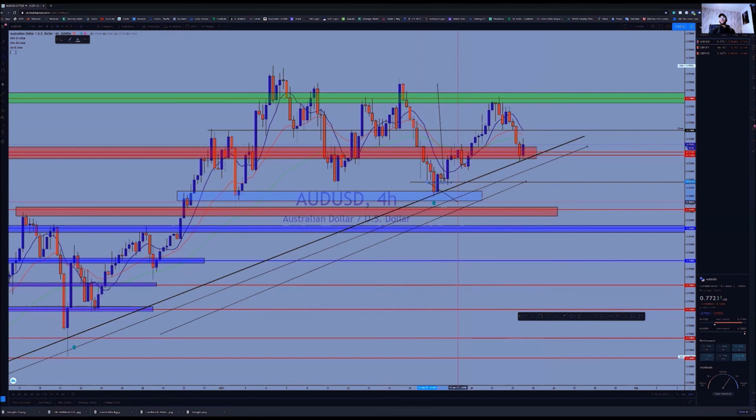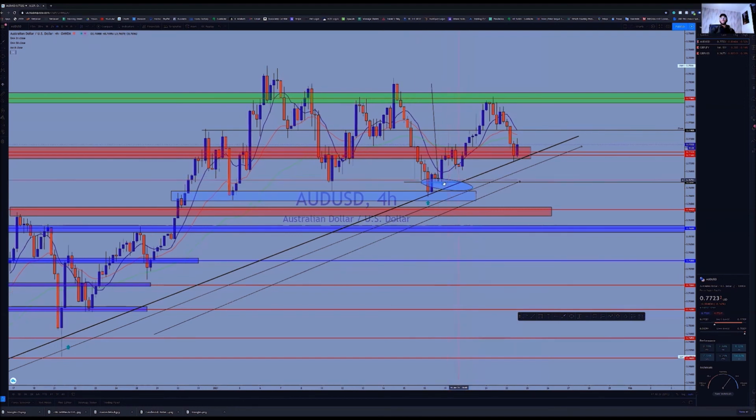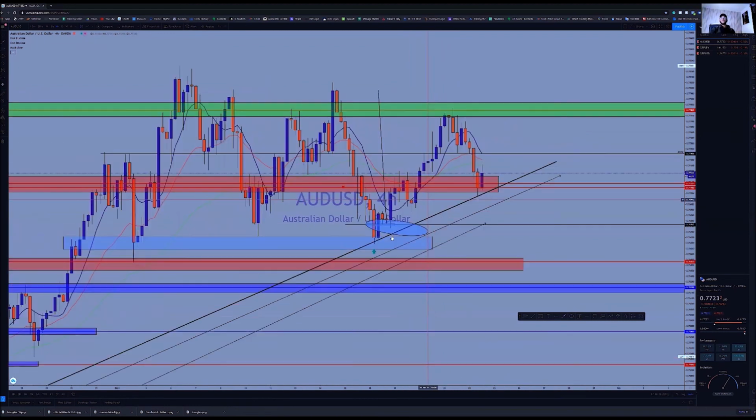I wait and see what price is doing to make my decision about what trade to place. Watch price action, and let price tell me where the market is going. That's why I took my long and got my take profit in this trade.